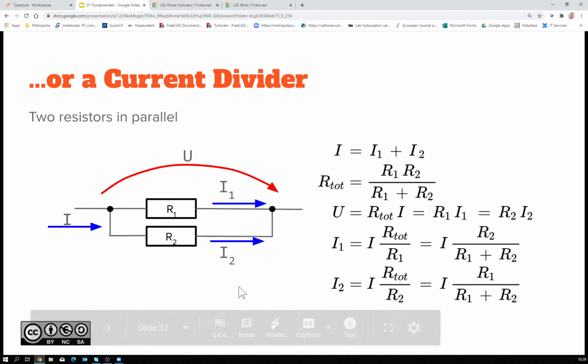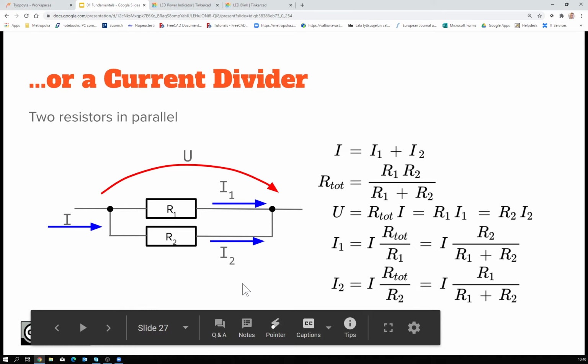That's because we are talking about conductances. The current finds the easiest way, so lower resistance means more current.